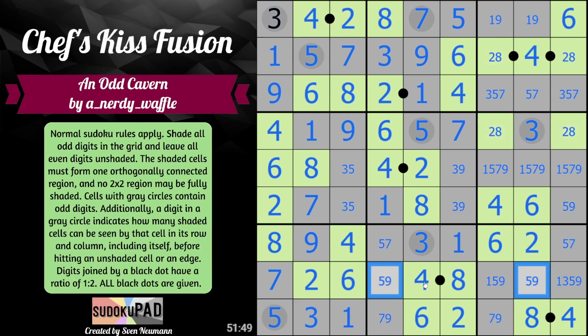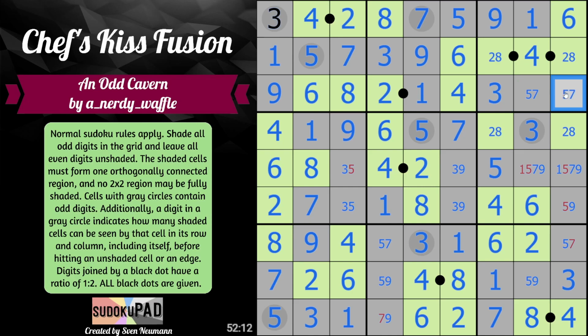5, 9. Okay. Whew. I was like, what am I missing here? 5, 9. 5, 9 stairs there. That's a 1. We'll pull 1 out of here, but it doesn't really matter because I'm going to replace this 1 with a 3. This one gives us 9, 1. It also places our 7, our 5, our 3.